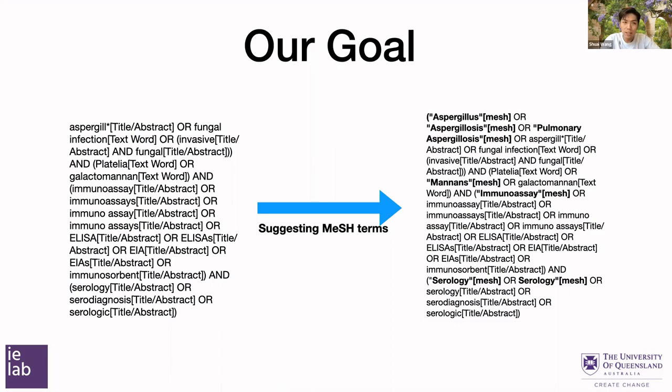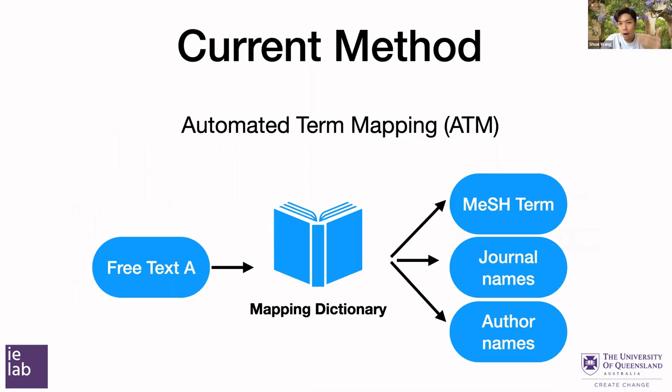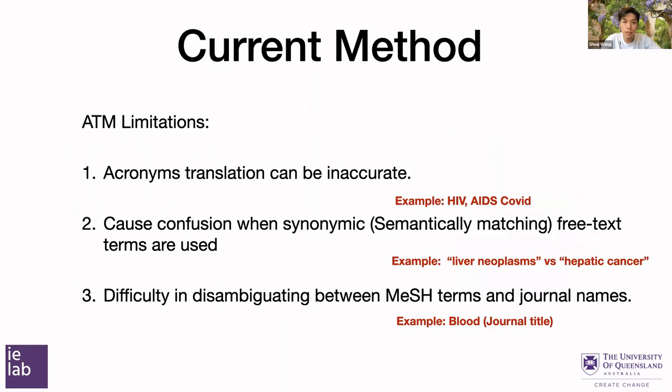The current method to help information specialists come up with MeSH terms in Boolean queries faster is called automatic term mapping, ATM, which is used by default in PubMed to map free text to MeSH terms, journal names, or author names. However, ATM does have some limitations. First, acronyms, like short names of long terms such as HIV, AIDS, or COVID, can have an inaccurate translation using ATM.